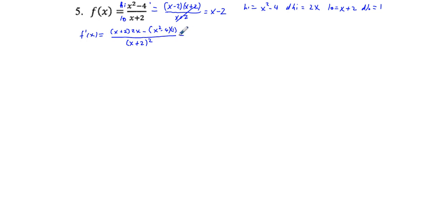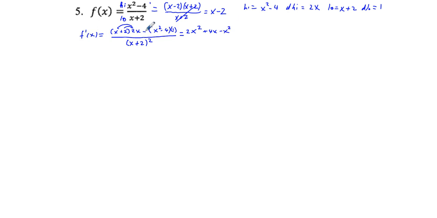And then just working to the right, x times x, we get x squared. No, it's going to be 2x times x, so that would be 2x squared. And then 2x times 2 will be plus 4x. And then we're going to have minus x squared.